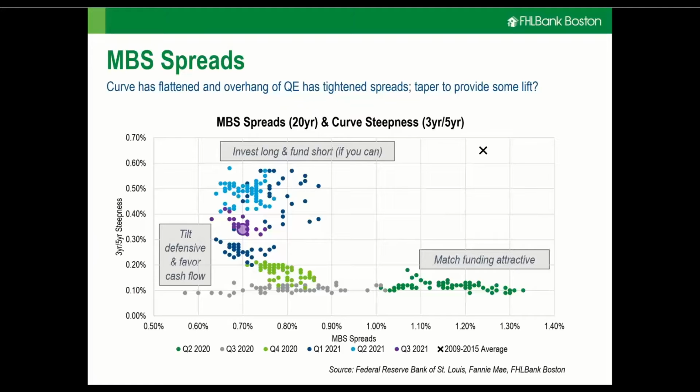So starting with the darker green dots on the bottom right, that's looking at the onset of the pandemic when the curve flattened and spreads blew out. So that value was capturing those wide spreads via matched funding and not having to take a rate risk mismatch bet. And as you can see at the bottom left of this chart, that shows mid-2020 when spreads narrowed along with a flat yield curve.